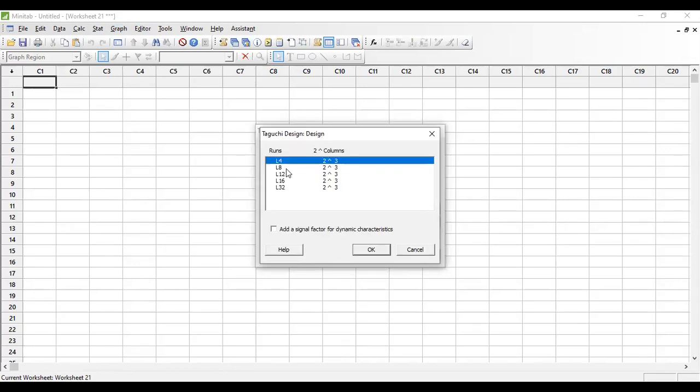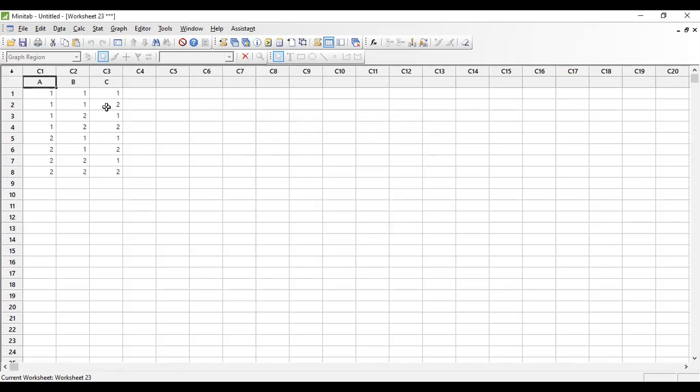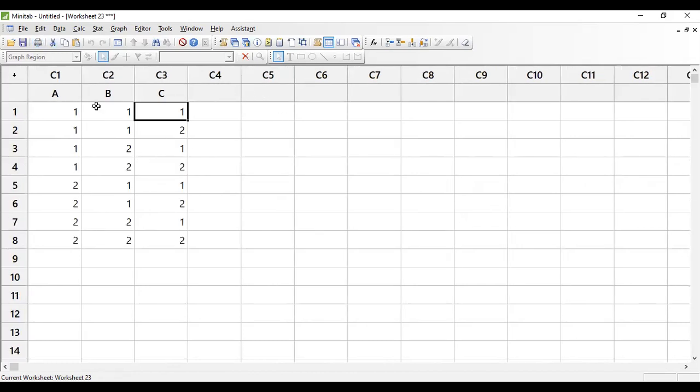Then you can get Taguchi's L8 design. There are 3 raw materials at 2 levels, right? And if you are going to develop a ginger, lemon, and cinnamon based beverage, you can check using Taguchi's L8 design, right?